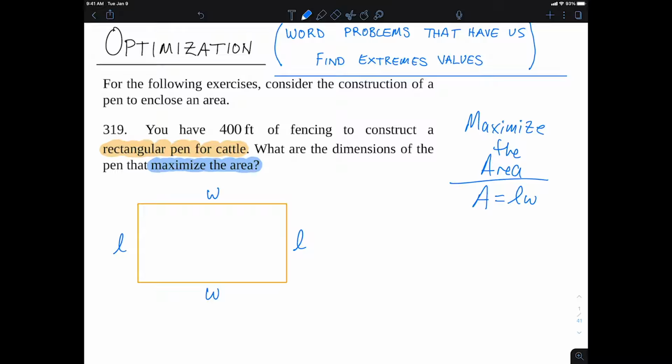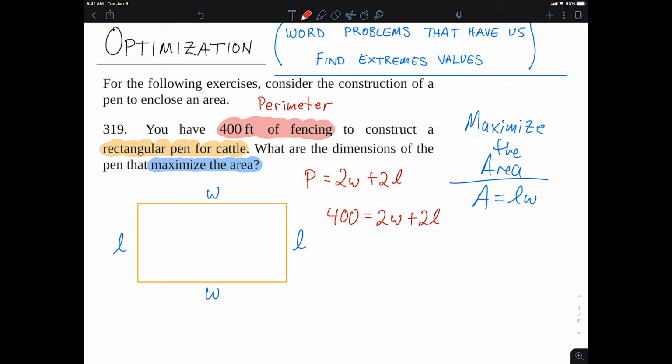And then the amount of fence we have is effectively the perimeter. So this idea that we have an amount of fencing, I connect with the physical property of this picture as being the perimeter. So our perimeter is 2W plus 2L, and we need our perimeter to use all 400 feet.